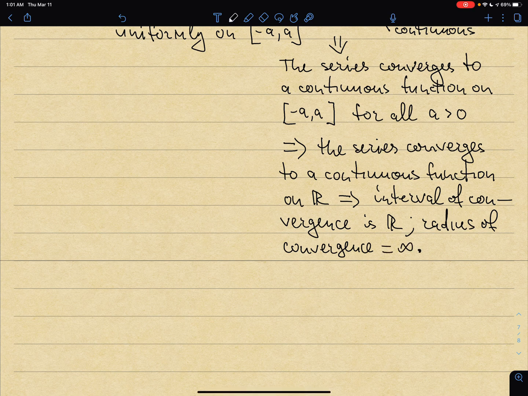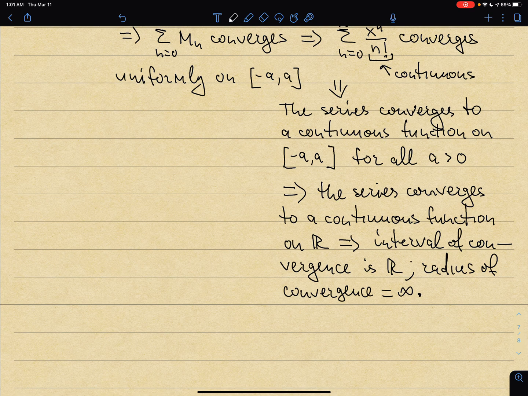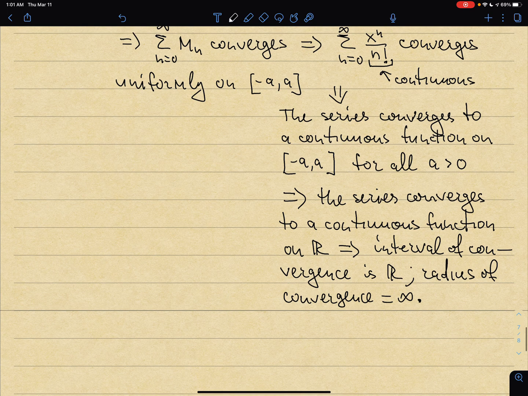So these are the things that I don't need to compute because I already know them. I can deduce them from the fact that the series converges on the entire real line.